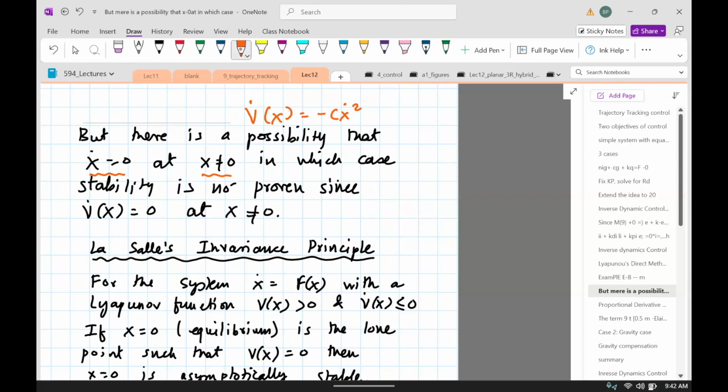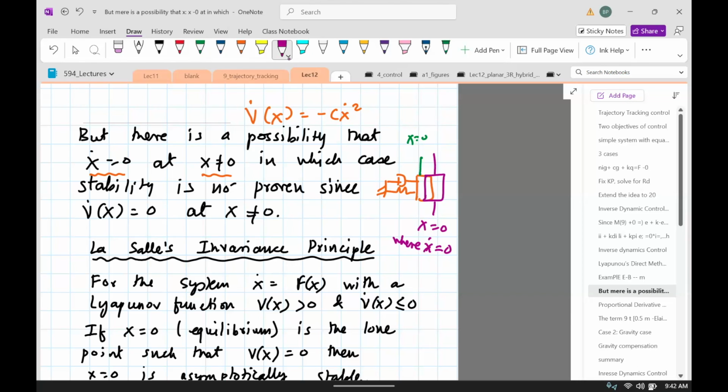That is, what if there's another equilibrium for this mass spring system? So this is x equals 0. What if there was another position, x not equal to 0, where x dot equals 0? It could be sitting with zero speed at a non-zero x position. So that does not prove that it is stable.